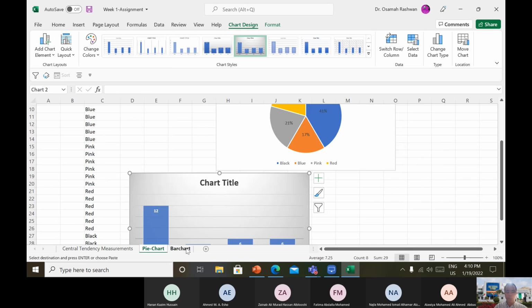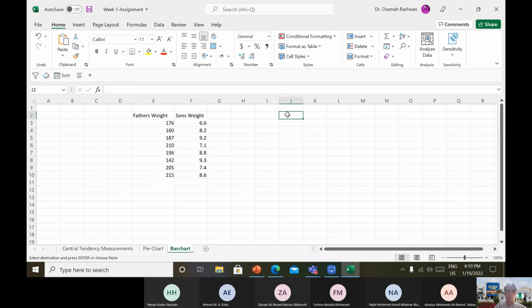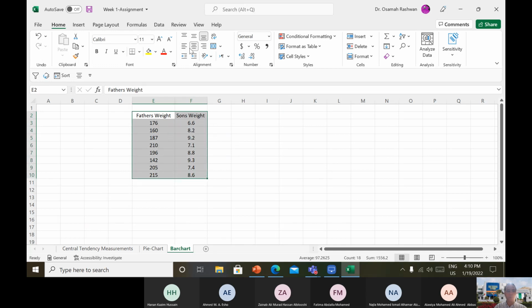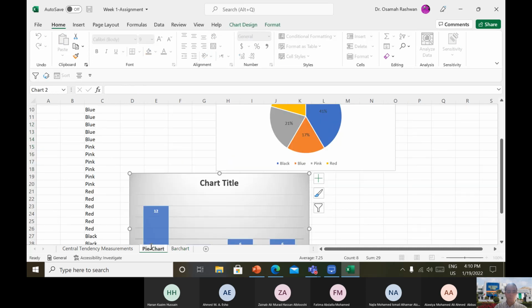for the pie chart. Now, if I have 2 variables like this one, and I would like to graph and see the relation between both of them, what is the graph in this case? Remember?